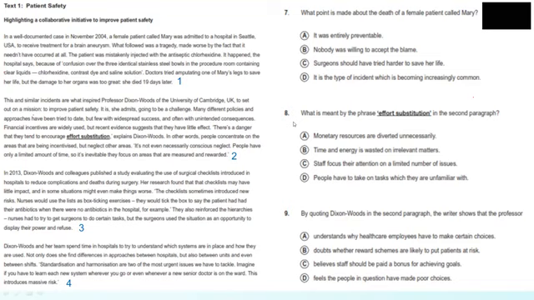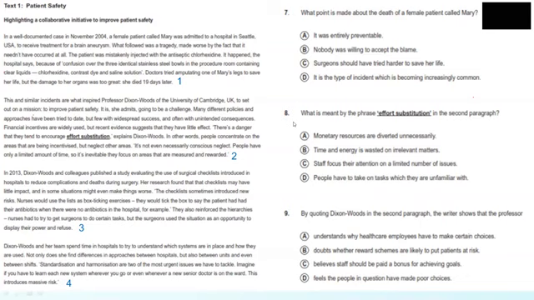So I chose A, monetary resources are diverted unnecessarily. But there is another contradictory answer that is nagging at my mind, that staff focus their attention on a limited number of issues.